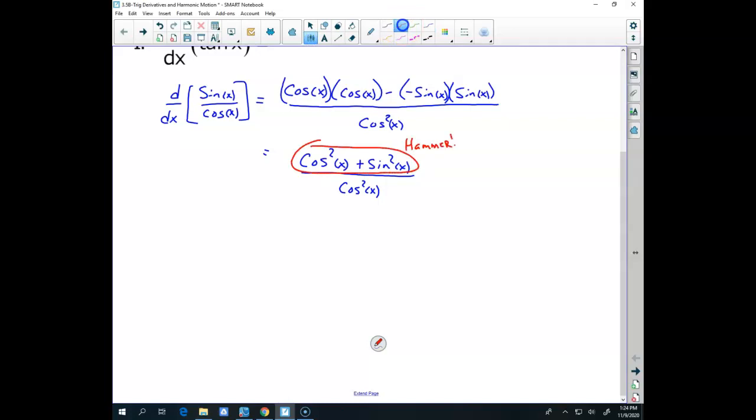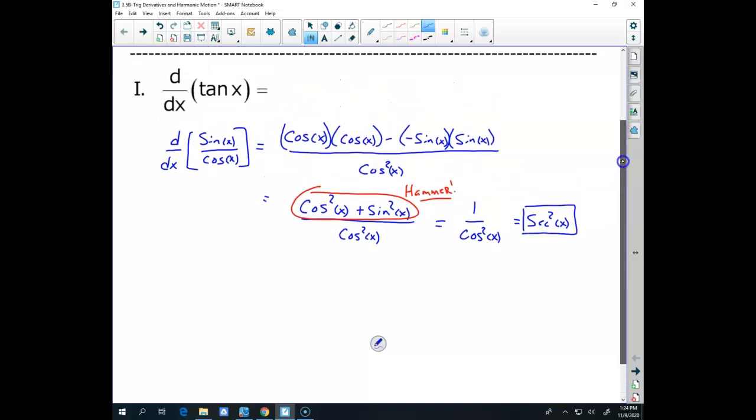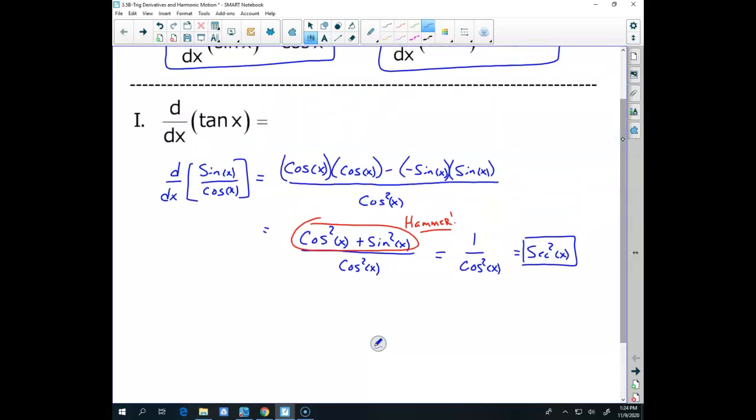It happens to be called the hammer here at West. So we really look at this as 1 over cosine squared x, which, by the reciprocal identity, is secant squared x. That is my derivative of tangent. So the preferred derivative of tangent is secant squared x.